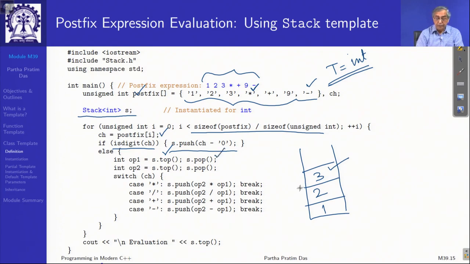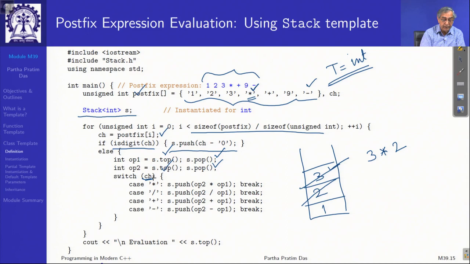and take it out, because I know that this multiplication has to happen with the two topmost literals that I have in the stack. Then I again look at the top, I have got 3, I take it out, I have got 2, and then I check what operation I had.